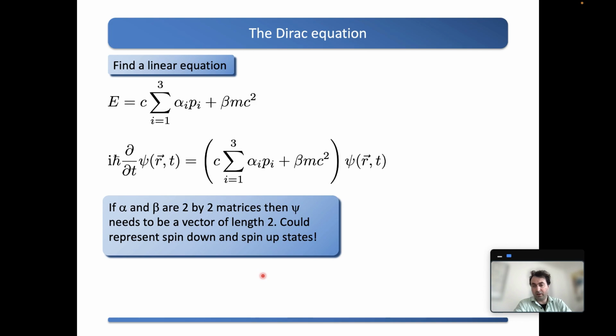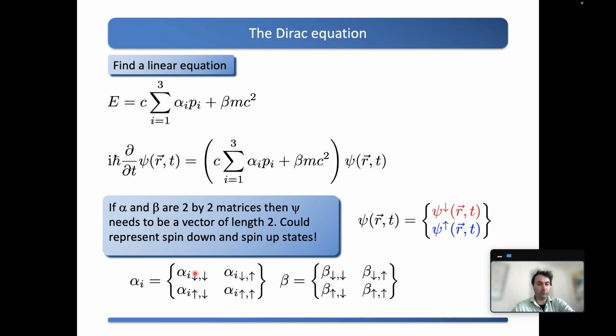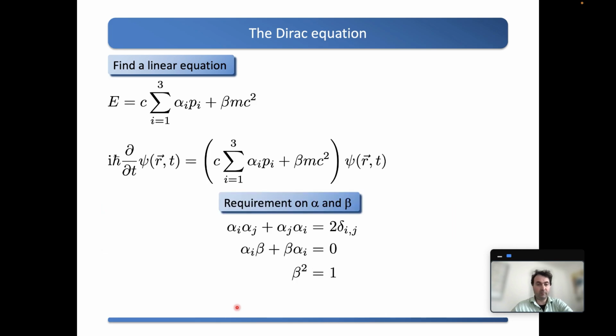And what we saw is that you indeed have to add the Pauli matrices to get the equations of Darwin and Pauli. So can we do this when our wave vector is a 2-component vector on the space of spin, and our Pauli matrices or our alpha matrices are 2 by 2 matrices with the components for up and down.